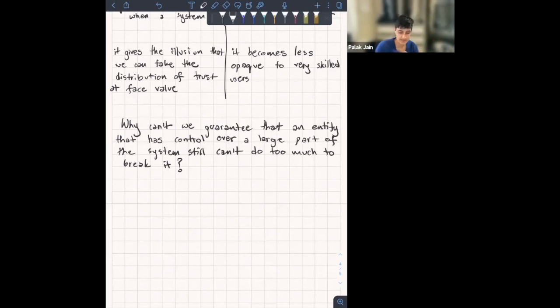What happens in a distributed system is inherently, once you gain control of enough of the system, it can become impossible for a user to guess which parties are malicious because of the fact that this trust is distributed and everybody is just as trusted as each other, right?